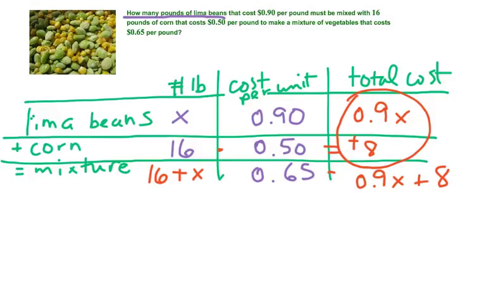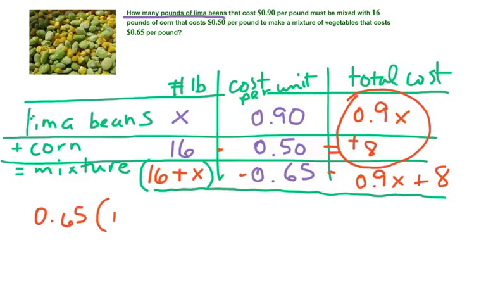So now I'm going to use this last row to help me solve. I'm going to put this 16 plus x in parentheses because I'm going to be multiplying it by the 0.65. I want to make sure I remember to distribute. 0.65 times 16 plus x equals 0.9x plus 8.